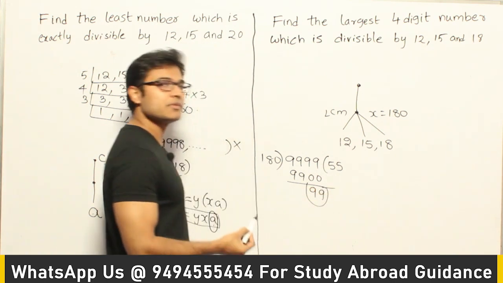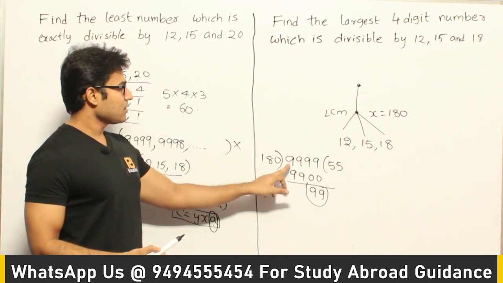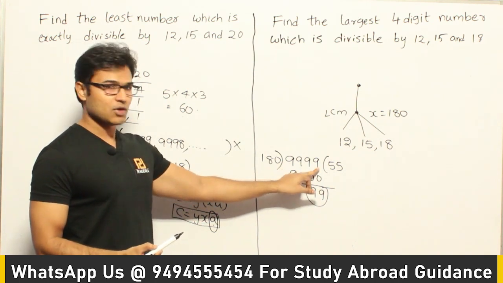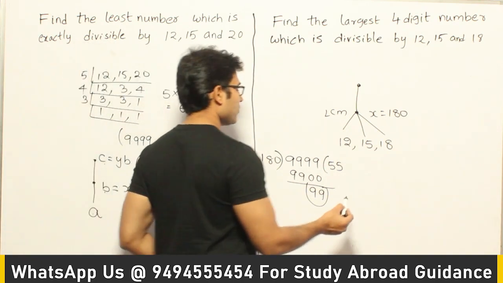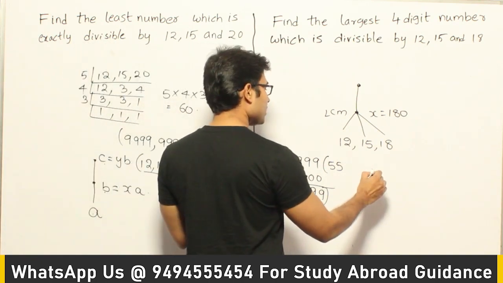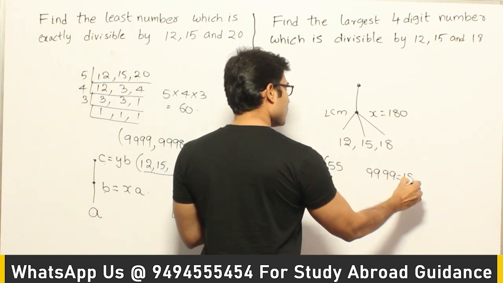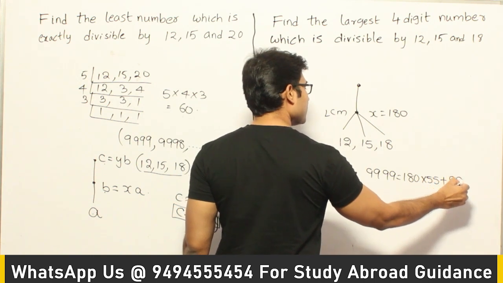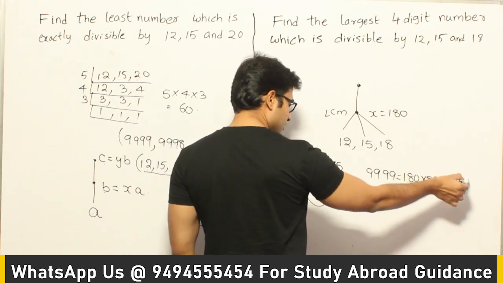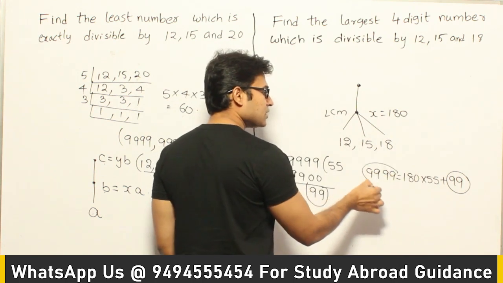So what does it mean? It means that you are not able to divide 9999 because of the remainder 99. Now one other way of writing it is 9999 can be written as 55 times 180 plus 99, right? So only because of this number 99 you are not able to divide this evenly.